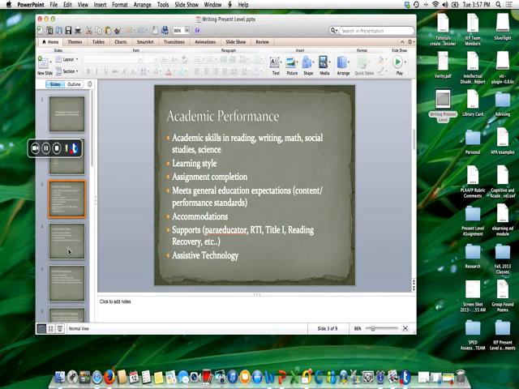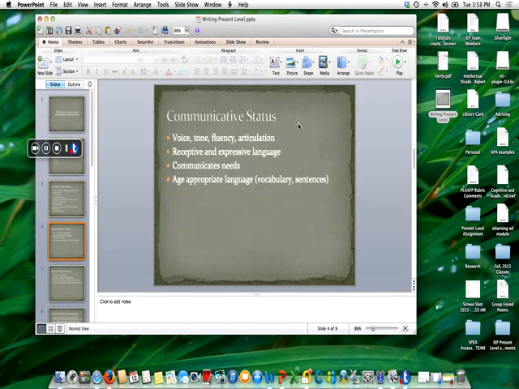Okay, that's academic performance. The next thing I want to talk about is the communicative status. This was another part that people had a hard time knowing what to put in. And I can totally get it, because this is a part that our speech teacher was the expert on.